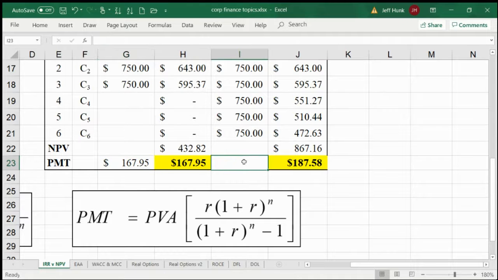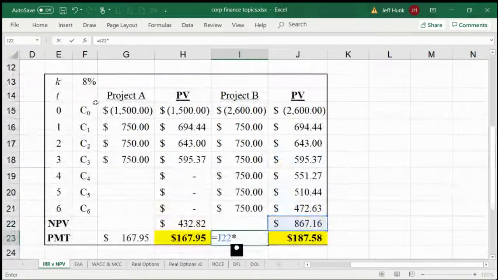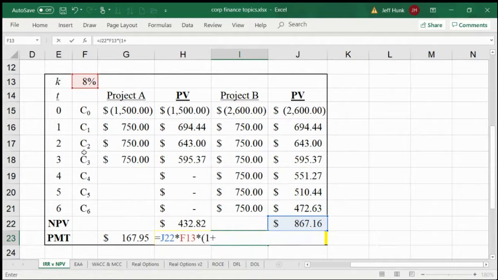Okay, and you can verify that by also doing it here once again, right? Times n, or times (1 plus r) to the n, right?